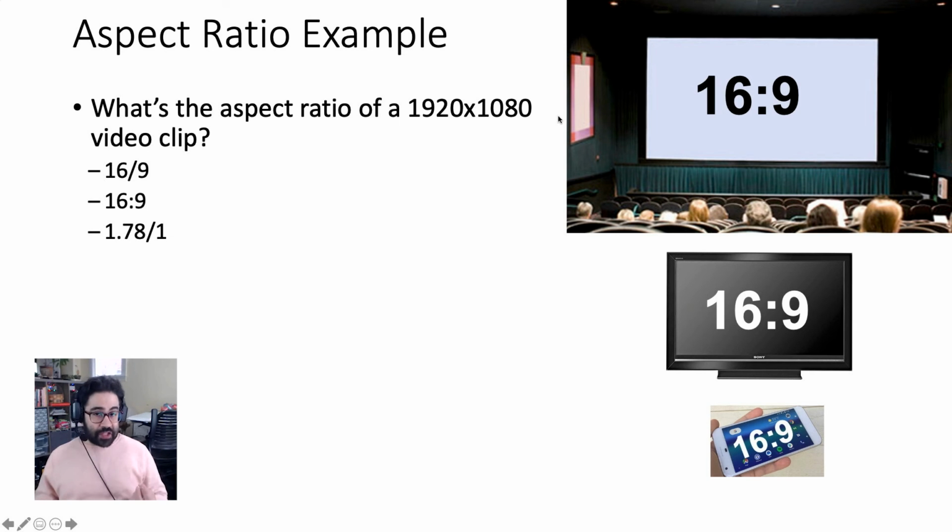That would give us a fraction that reduces to 16 over 9. So that's what gives us the first two measurements, 16 to 9 or 16 over 9. We'll also sometimes see this fraction further reduced so that the height is 1 and the width is the factor that we would multiply the height by to get the width. But all three of these are referring to the same aspect ratio.